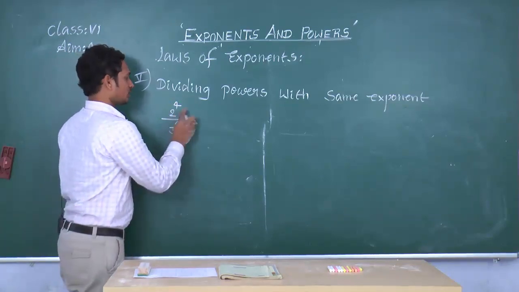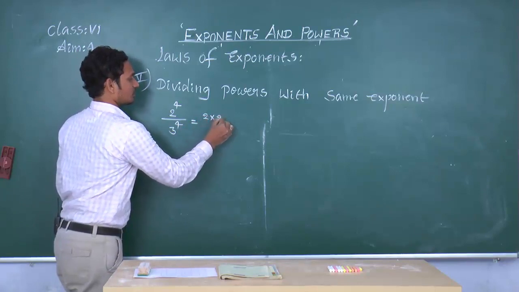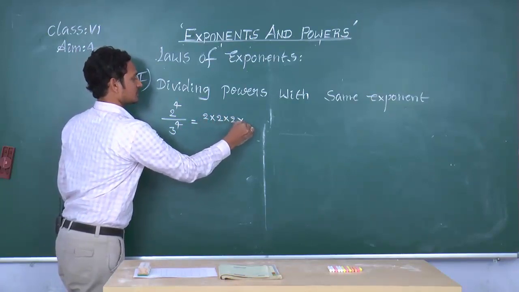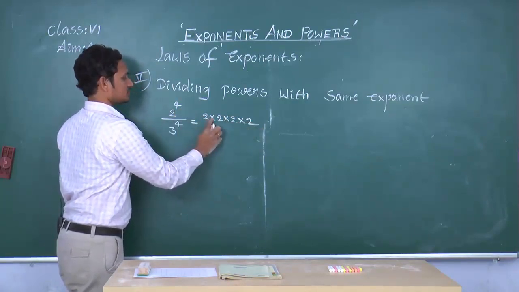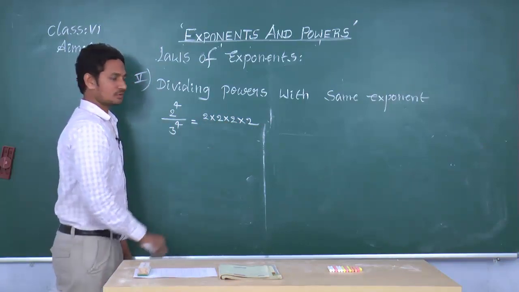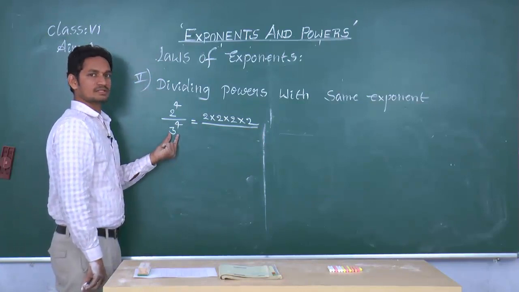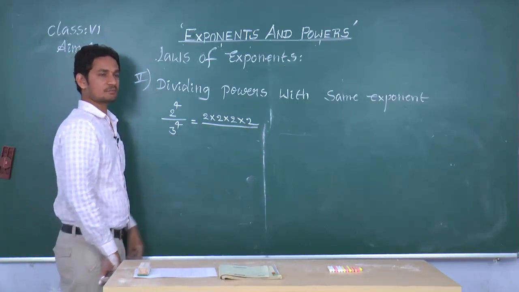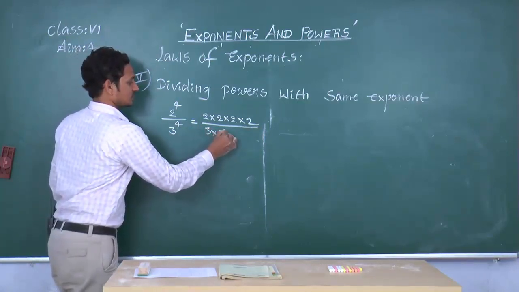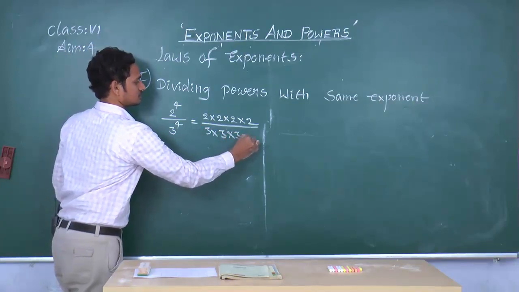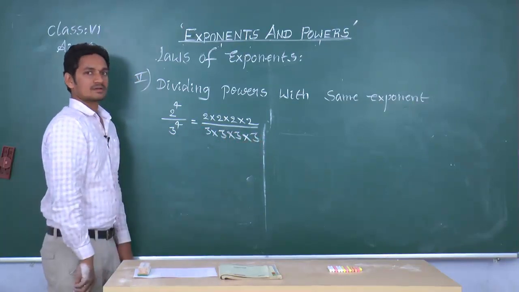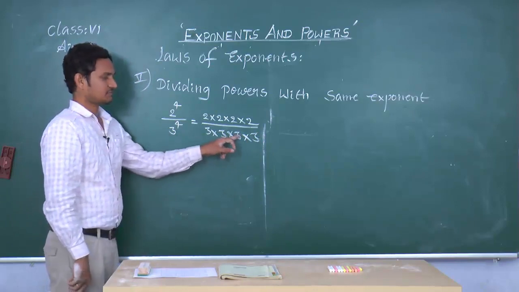We can write the numerator in product form as 2 into 2 into 2 into 2. 2 power 4 means 2 is multiplied by itself 4 times. And the denominator 3 power 4 we can convert into product form as 3 into 3 into 3 into 3. 3 is multiplied by itself 4 times.